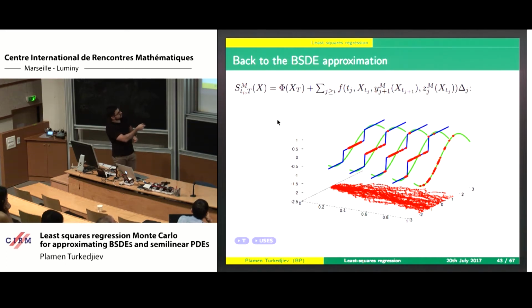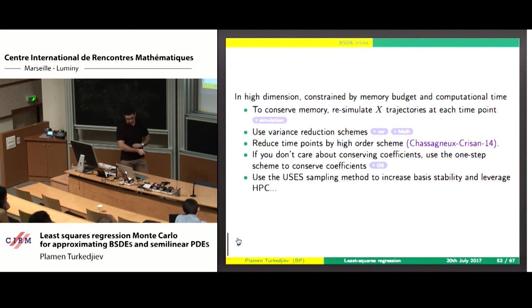So as I go forwards, I just compute what I need using the trajectories that I've computed so far, and then I throw away the X terms. Then I keep going forwards, do it again here, do it again here. If I re-simulate every time, I don't have to store all of the simulations for the X's. So that saves me a little bit on computational space. It takes more time, but the problems become more tractable.